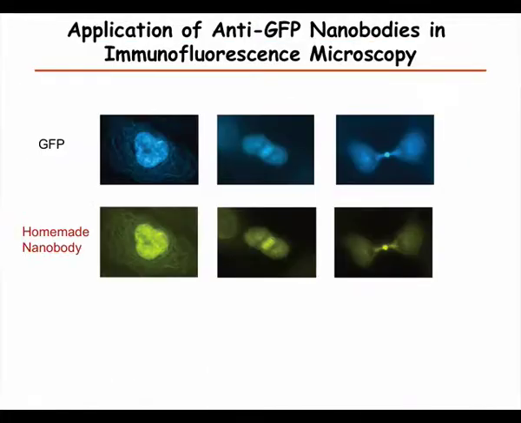The first antigen that we tried this on was GFP. This lends itself to easy testing, either by looking at the fluorescence from the GFP itself or from a fluorescent tag that's attached to the nanobody. And as you can see here, we get a very similar picture.